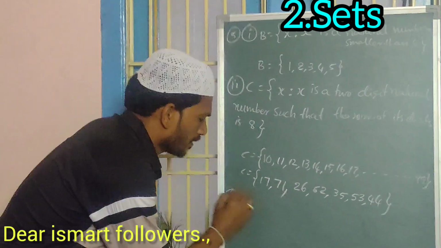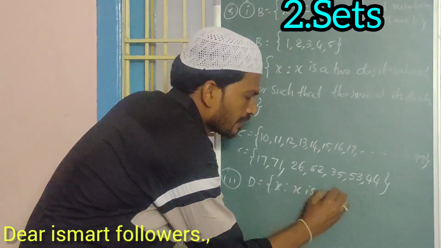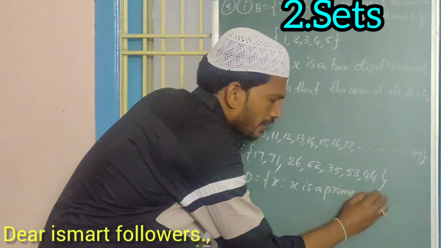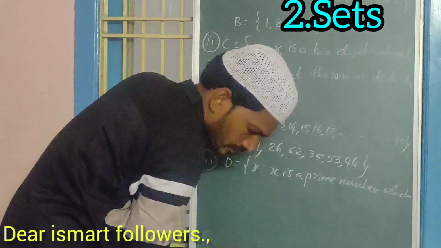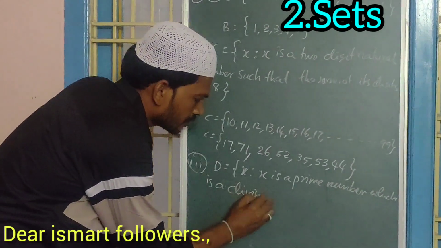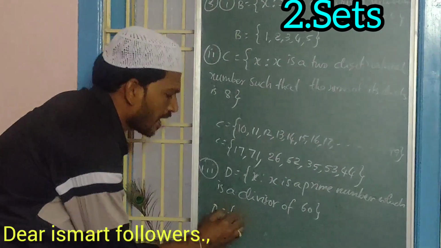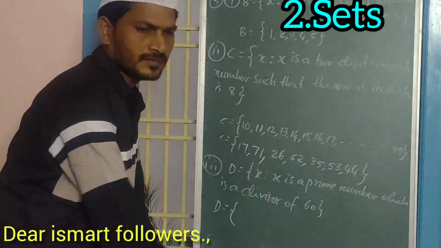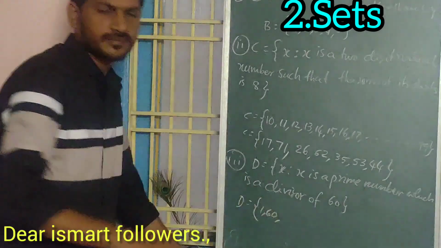D is equal to x such that x is a prime number which is a divisor of 60. That means first you write the factors of 60. 1 times 60 is 60.